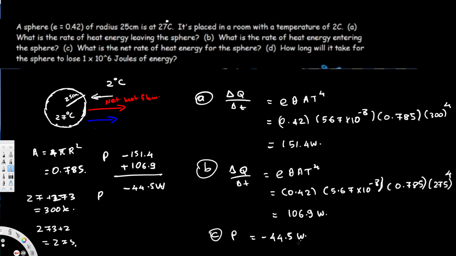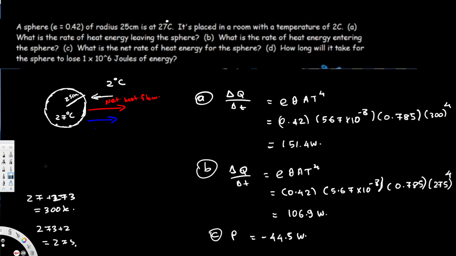Now the last question is asking, how long will it take for the sphere to lose 1 million joules of energy? So let's put it as D. So the D part is asking, how long will it take for the sphere to lose this much amount of energy?